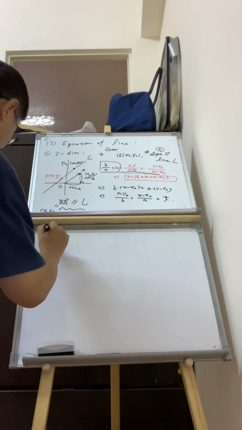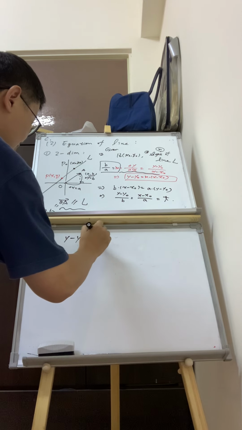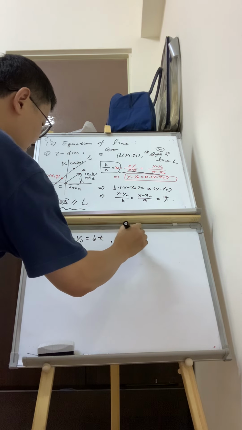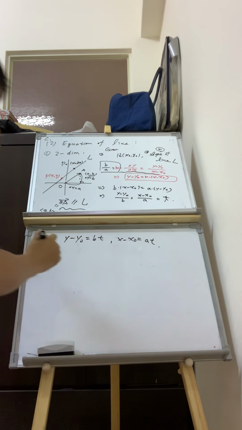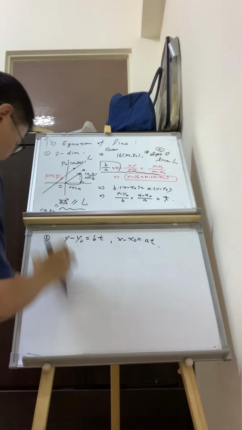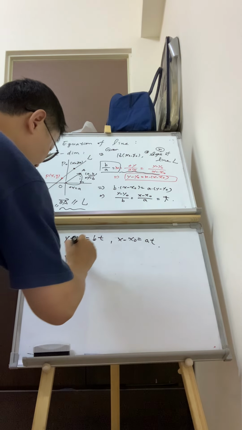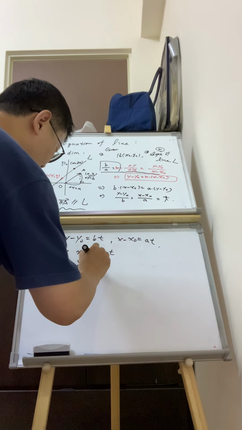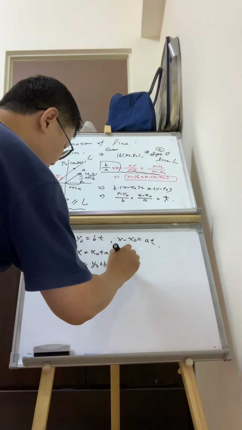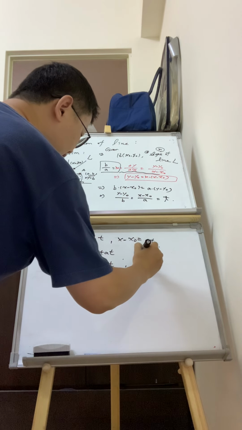We know that y subtract y0 equals bt and x subtract x0 equals at. So x equals x0 plus at, and y equals y0 plus bt, where t could be any real number.